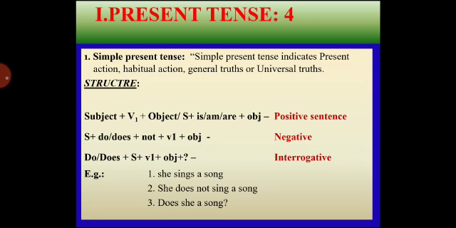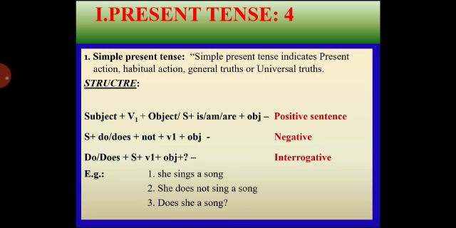Now, the structure. Everyone has to learn the structure. The structure can help you identify each and every sentence. The structure can be learned in three ways: positive, negative, interrogative. The positive structure is subject plus V1 plus object, and the second structure is subject plus is, am, or are plus object.